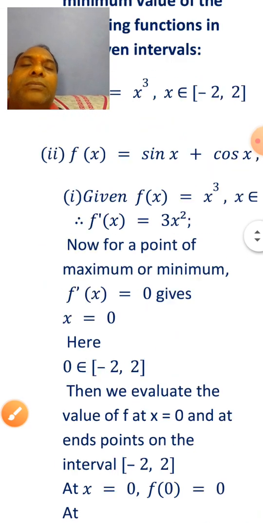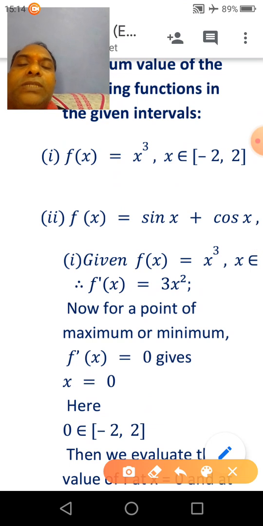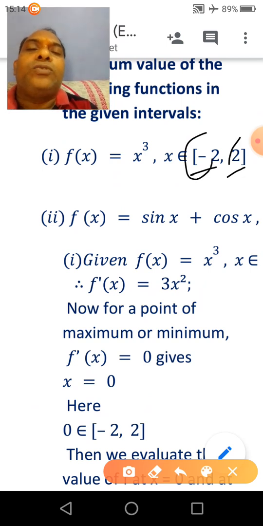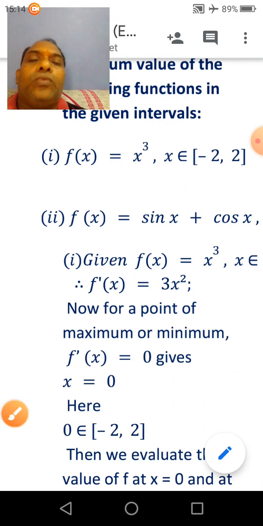Now you have x is equal to 0, x is equal to minus 2 and x is equal to 2. We find the value of the function at x is equal to 0, at x is equal to minus 2 and at x is equal to 2.